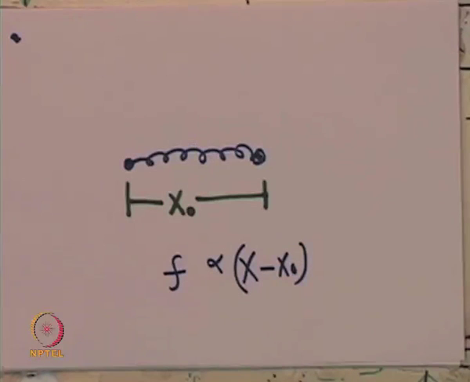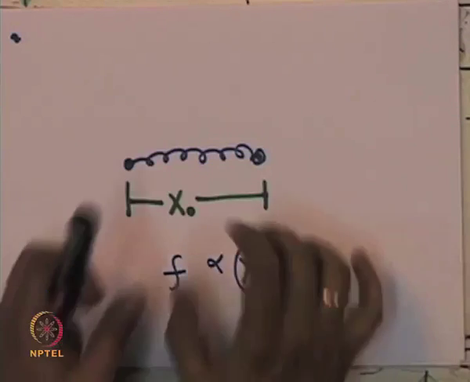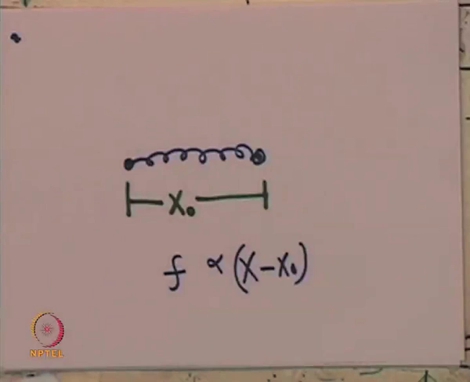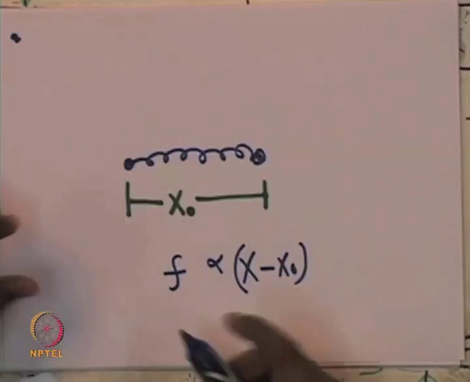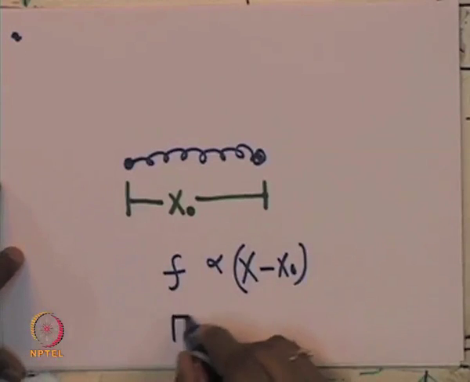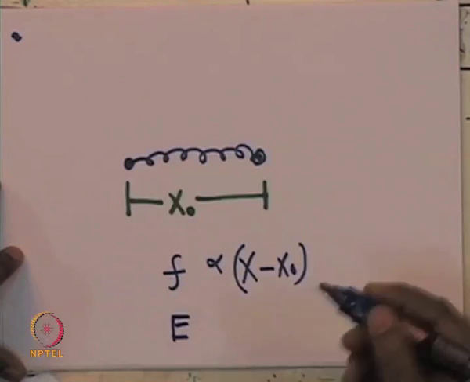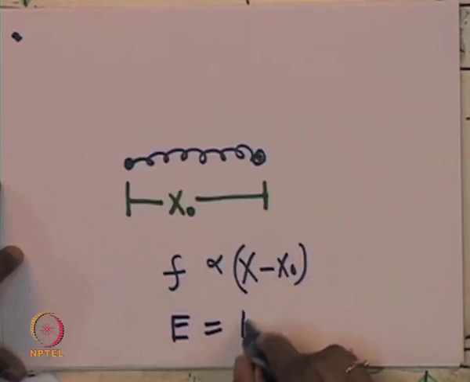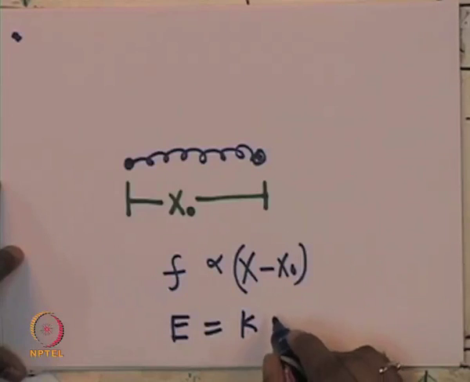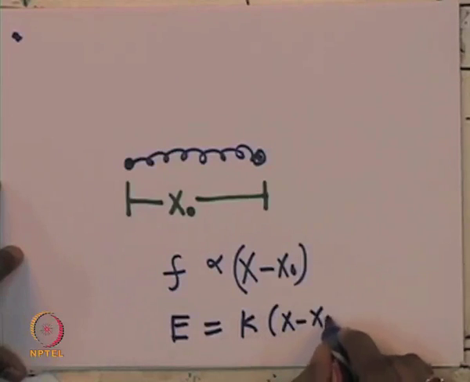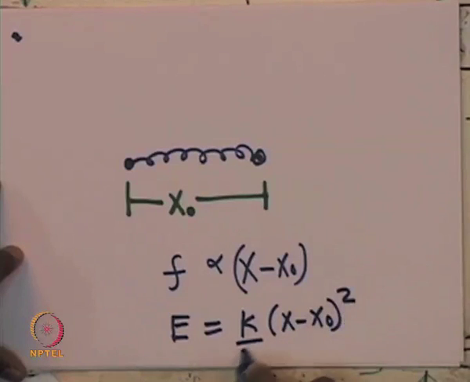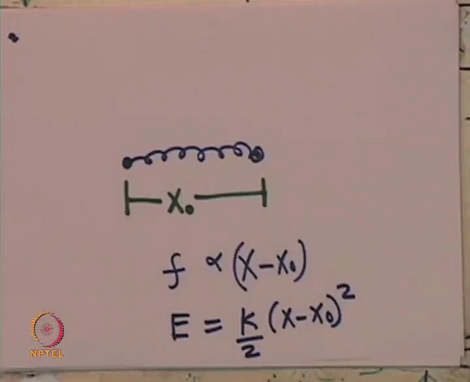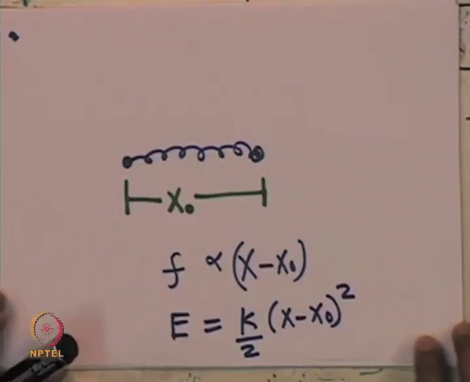Whether you increase or decrease the distance, the force will be affected. The energy for such a spring is proportional to x minus x 0 whole square, so half k into x minus x 0 whole square. This is the energy of a spring.